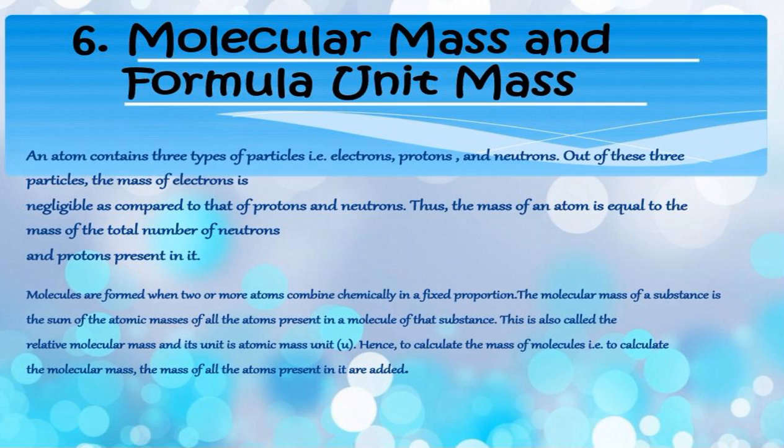The molecular mass of a substance is the sum of atomic masses of all the atoms present in the molecule of that substance. This is also called the relative molecular mass, and its unit is atomic mass unit, mu. Hence, to calculate the molecular mass, the masses of all atoms present in it are added.